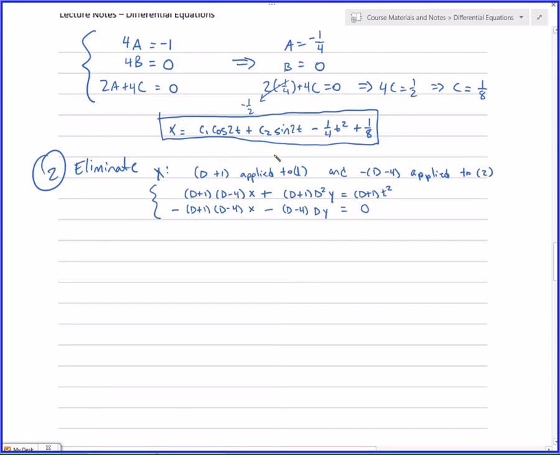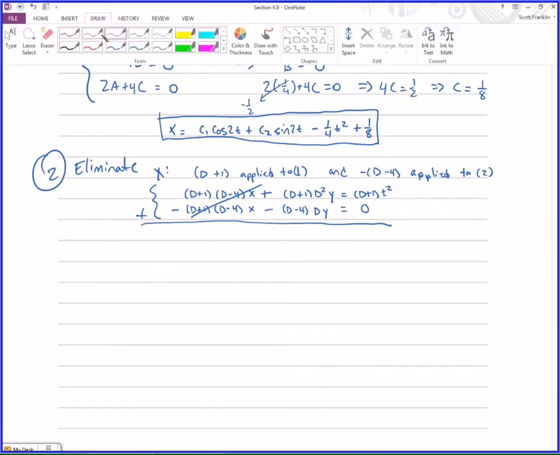If there's not an easy one to eliminate, then you're basically finding that lowest common denominator, or least common multiple of the two polynomials that are there, the d plus 1 and the d minus 4. Okay, add those up, and the x's are gone. First of all, though, let's think about this guy real quick.